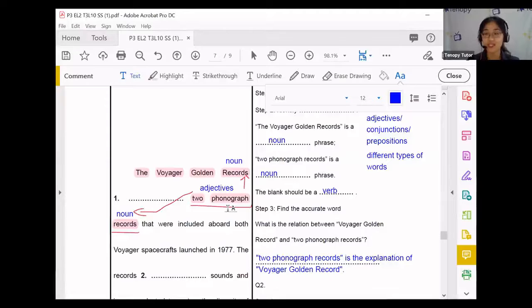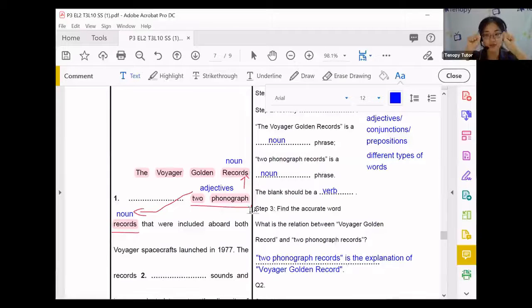Okay, Ruoxian says "included." The Voyager Golden Records included two phonograph records. All right, so if they are about the same thing, would you say that one thing includes another? Okay, Aprimaya says "have." The Voyager Golden Records have two phonograph records.